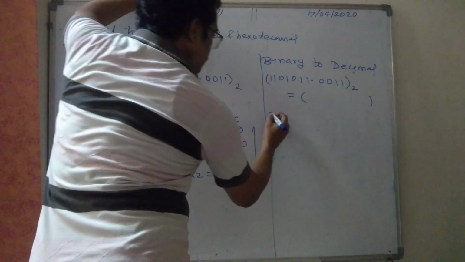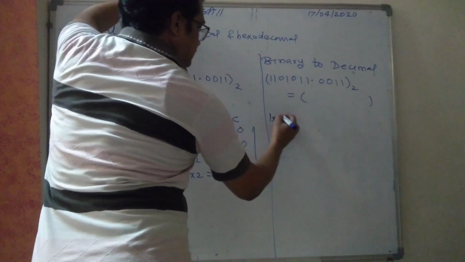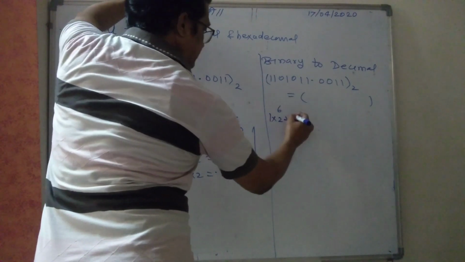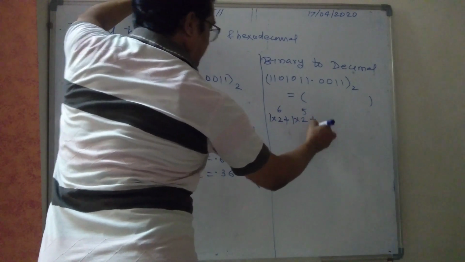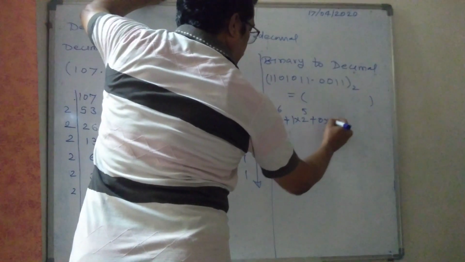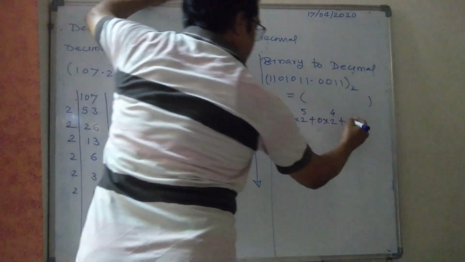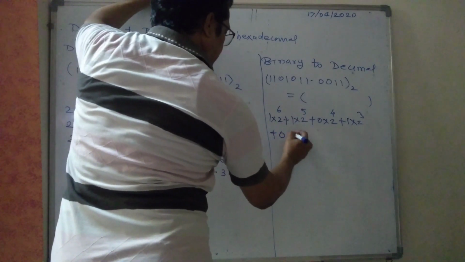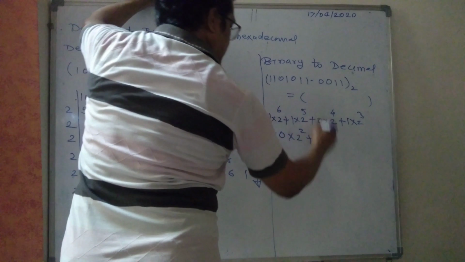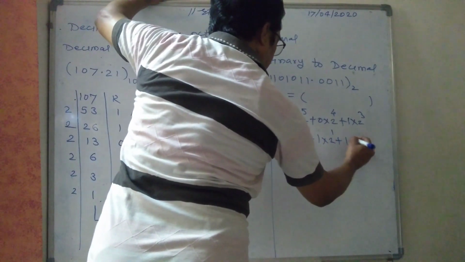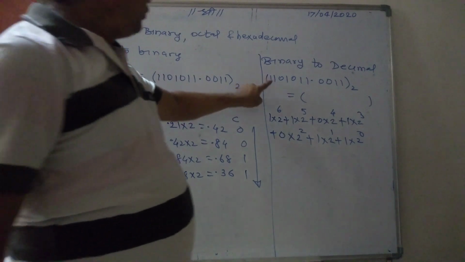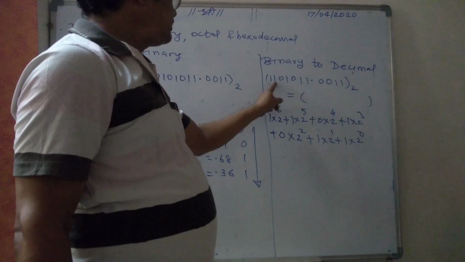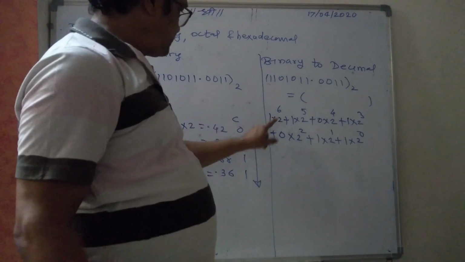Since these are 7 digits, the first is 1 into 2 raised to 6, plus 1 into 2 raised to 5, plus 0 into 2 raised to 4, plus 1 into 2 raised to 3, plus 0 into 2 raised to 2, plus 1 into 2 raised to 1, plus 1 into 2 raised to 0. With 7 digits, 7 minus 1 is 6.